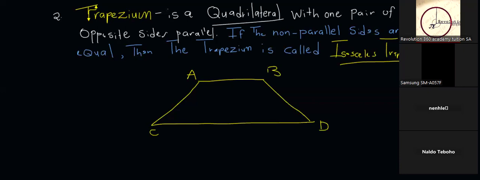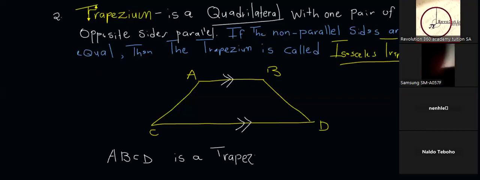Then we'll say ABCD is a trapezium. The reason why we are saying it's a trapezium is because of what? It's because AB is parallel to CD.